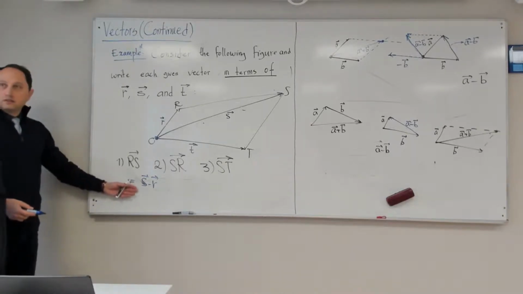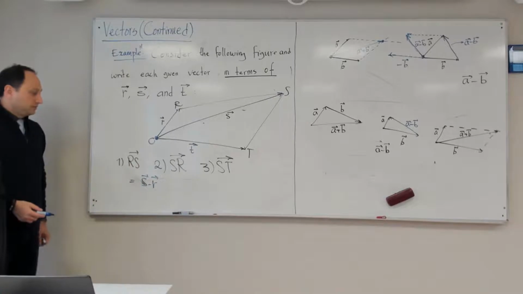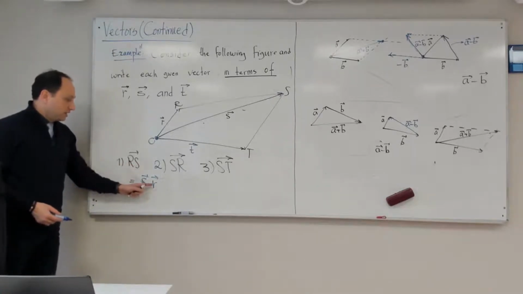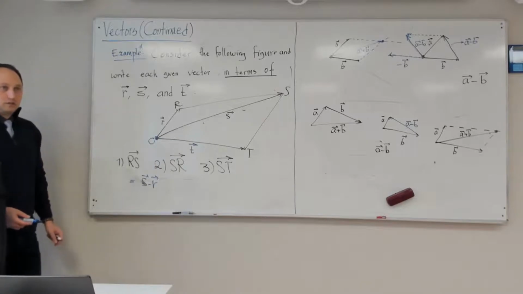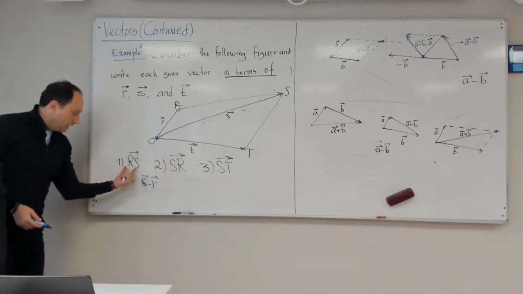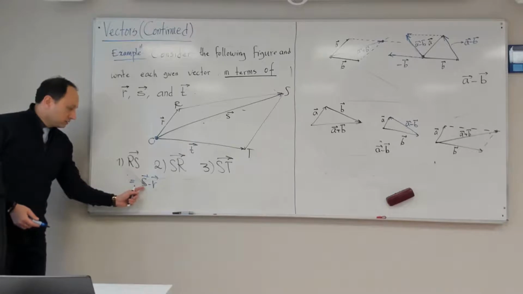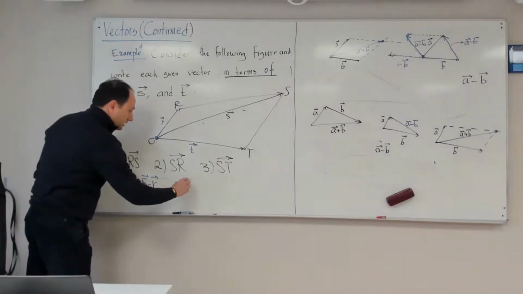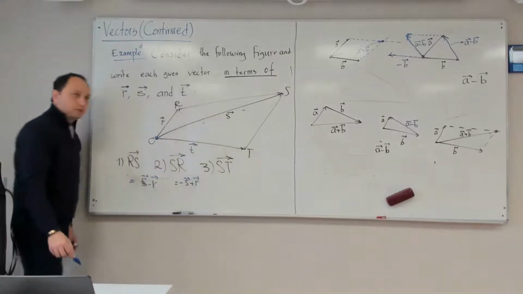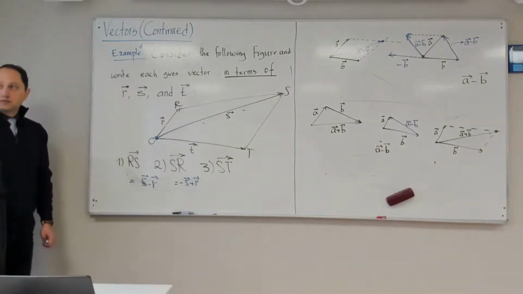Is that clear? This one is S minus R. Okay, when this is S minus R, you don't even need to look at the figure. What is SR? SR is the negative of RS. So you multiply this by a negative. The first one becomes negative S. The second one becomes positive R. Understandable?